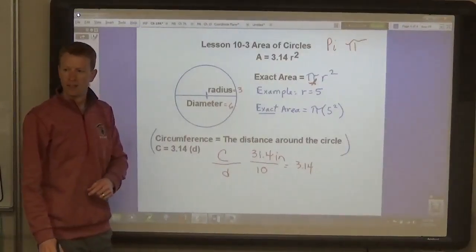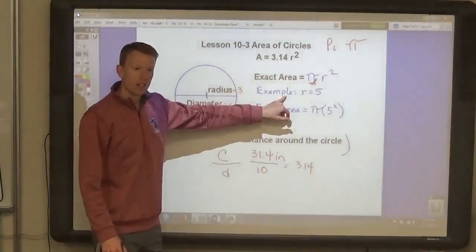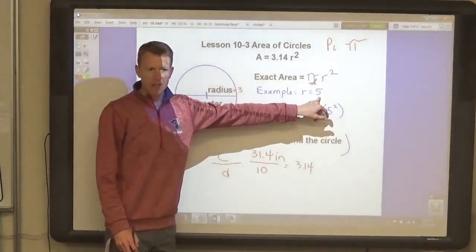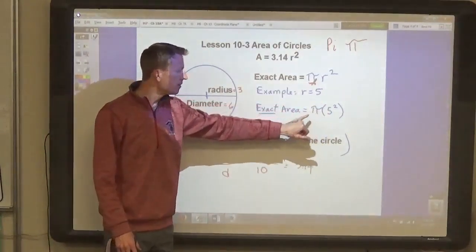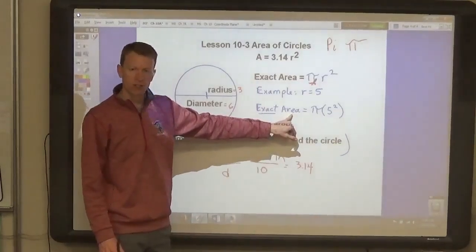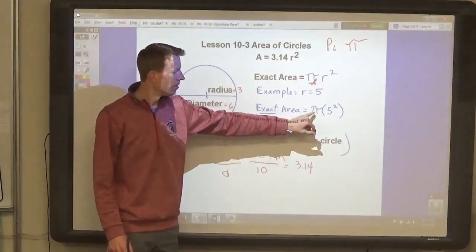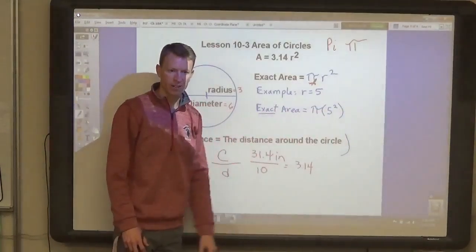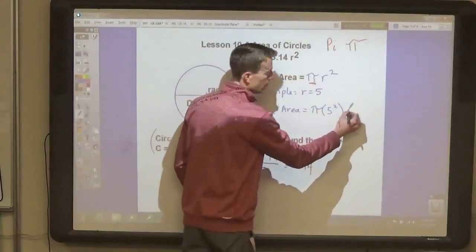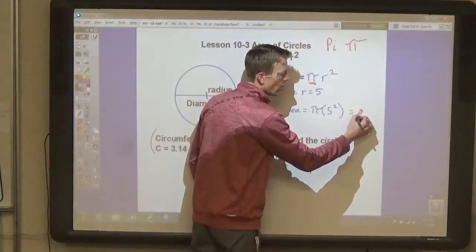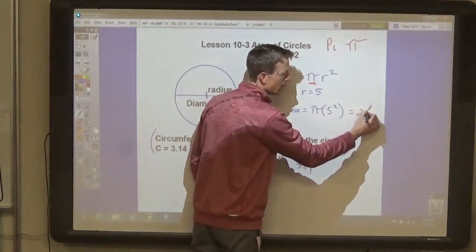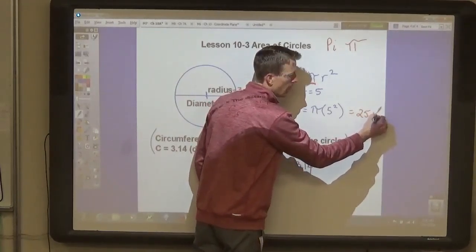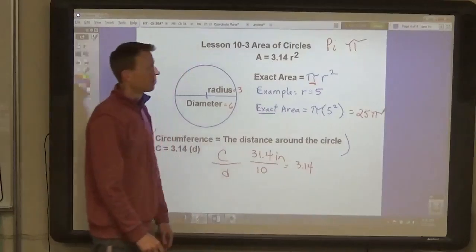So, for example, if they give you a radius of 5 and say, express the exact area of the circle, you have to write it this way: pi times 5 squared, or 25 times pi.